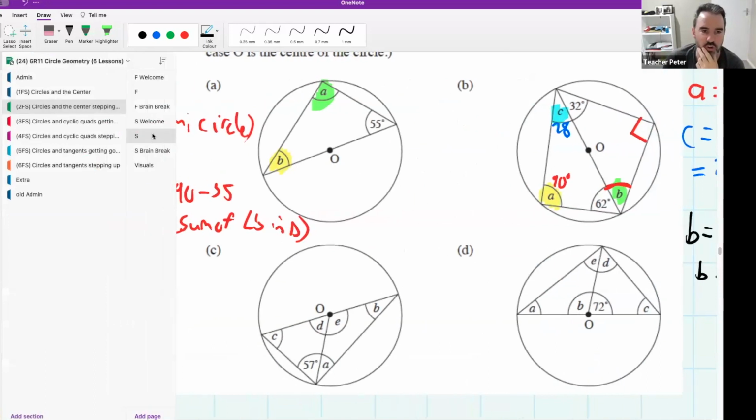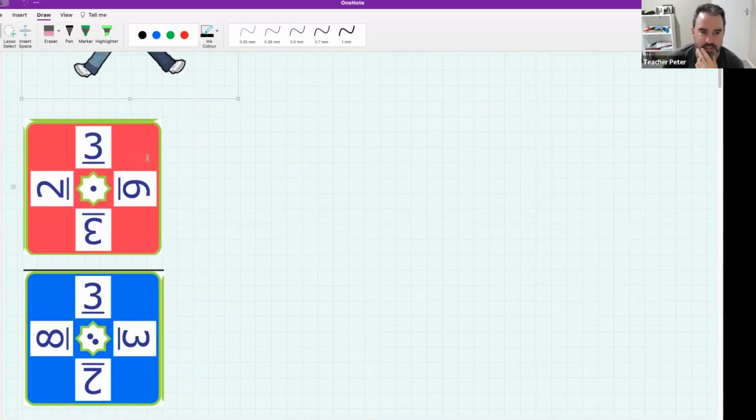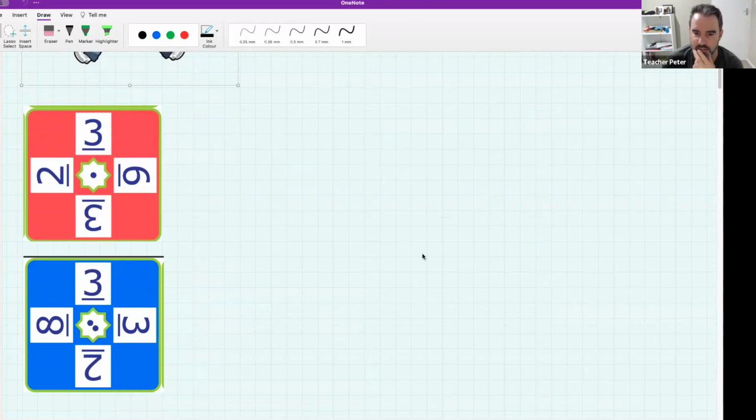And then let me share the screen. Can you solve the Maths 24 puzzle for today? So who can solve the Maths 24 puzzle for today?